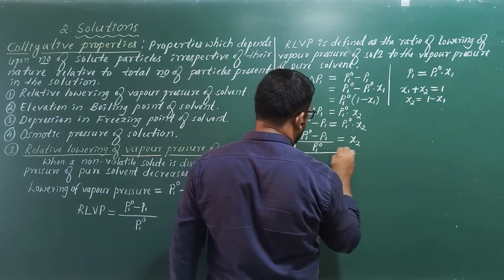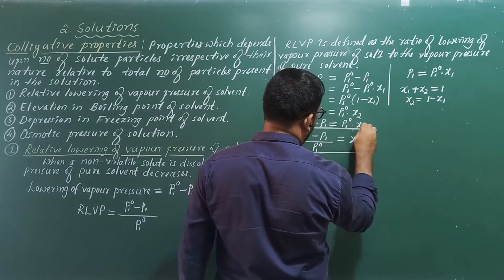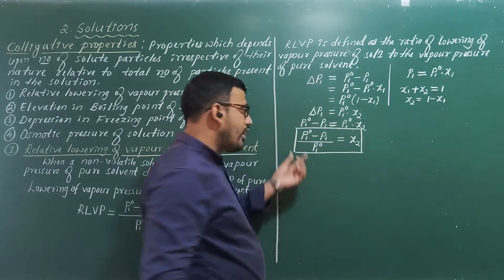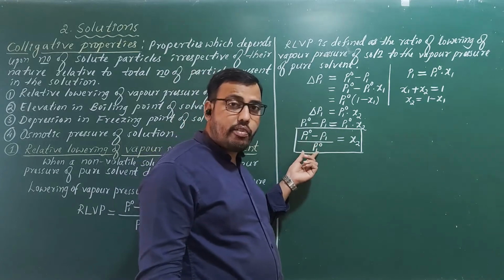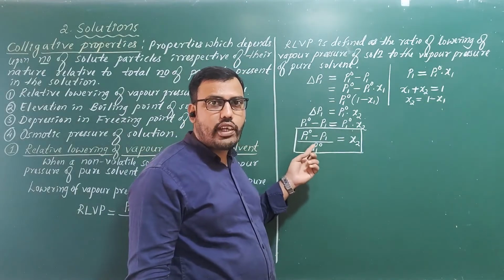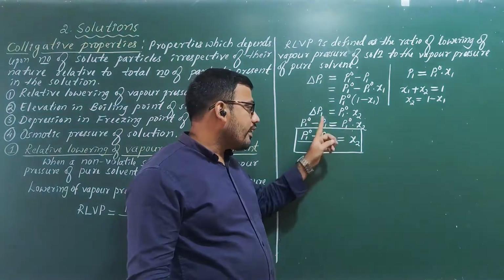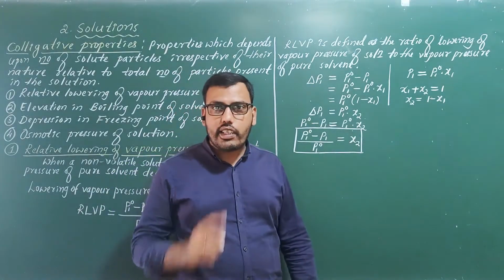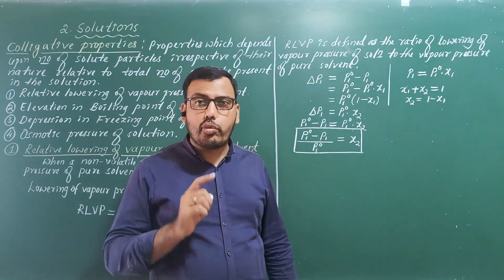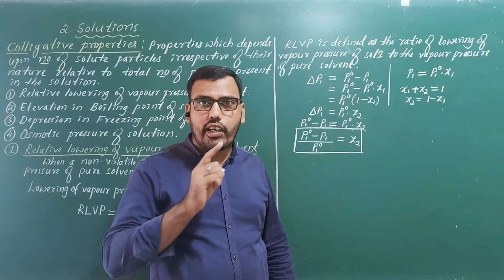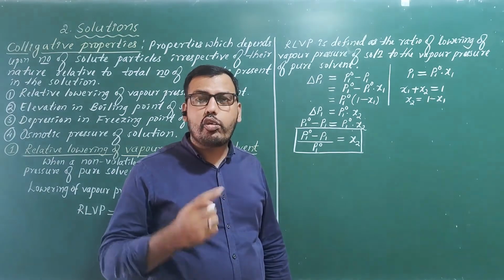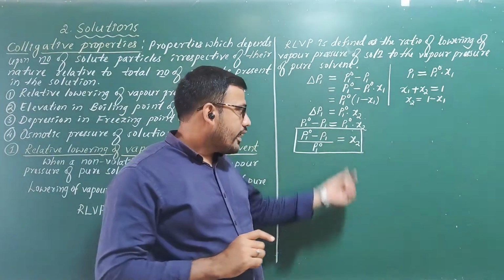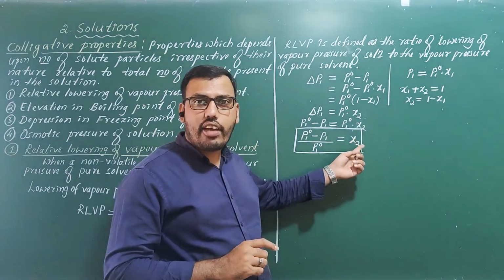You observe the term here. What is this P1 naught minus P1 by P1 naught? It is relative lowering of vapor pressure, and that is equal to x2. Dear students, remember that I am using the subscript 1 for solvent and 2 for solute. x2 is mole fraction of solute.